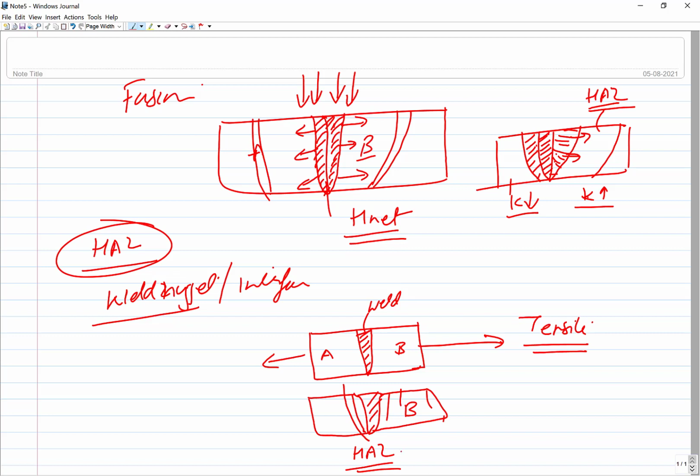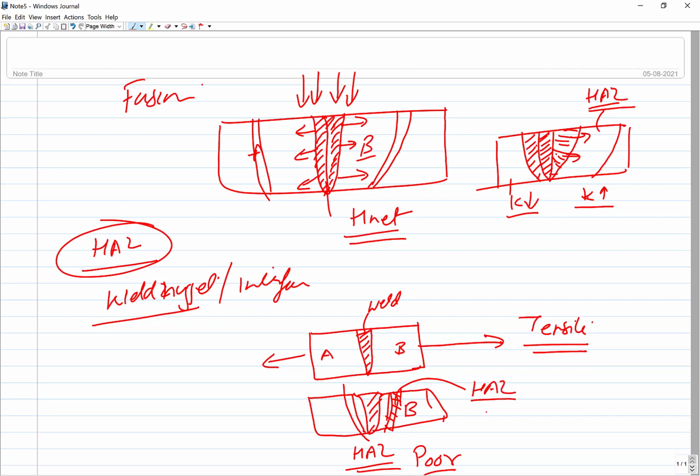So the HAZ is poor, which means the HAZ properties have been badly compromised, and you need to do something to restore the properties of the heat affected zone. And similarly, if the failure is occurring from the HAZ of the B side, then you need to take care of the HAZ of B. So the weakness can be anywhere.